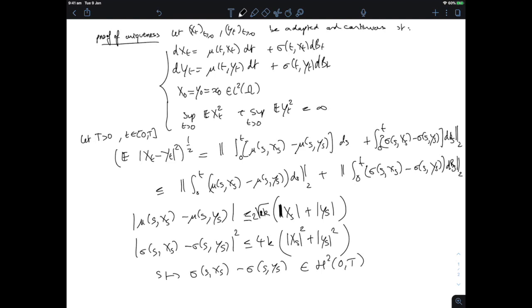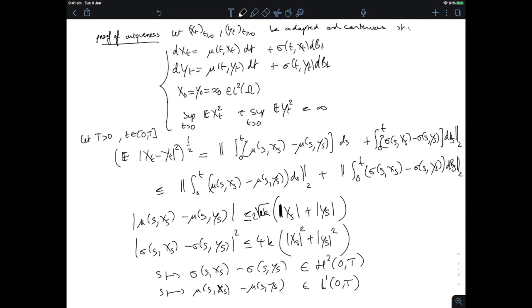And in the same way, using Cauchy-Schwarz, I can say that s goes to mu_s(Xs) minus mu_s(Ys) is uniformly in L2, and that certainly makes it L1 of 0 to t as a function of t.